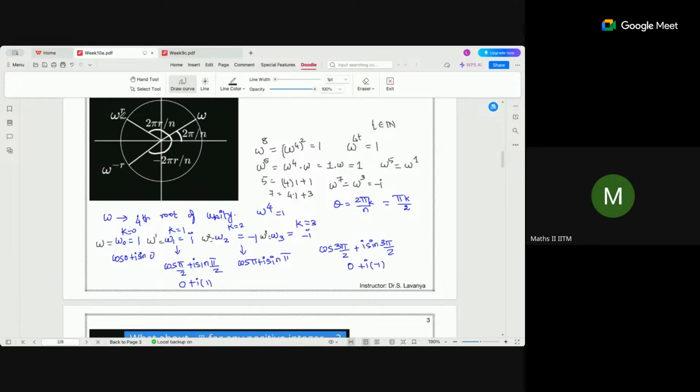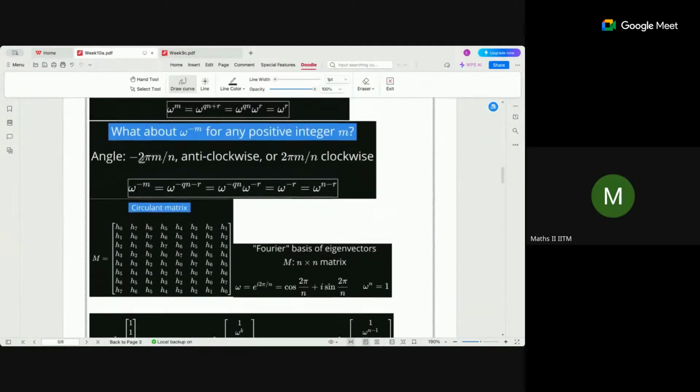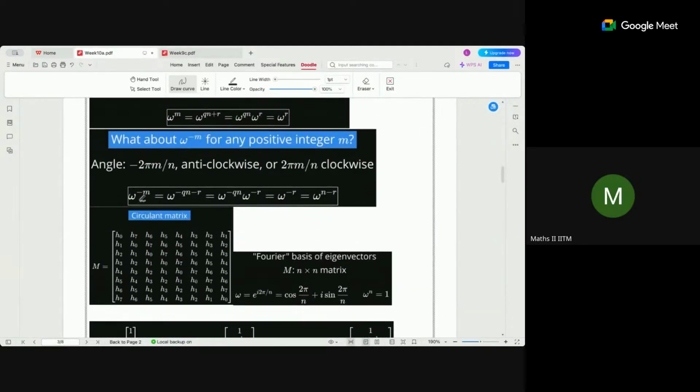And for omega power minus r, we have rotated in the clockwise direction from the origin, the same angle 2 pi r by n. So we are moving exactly the same angle from the origin but in different directions. Here anti-clockwise and here clockwise. So that is the difference. Here you see that omega power minus m is same as omega power minus r, or you can also write it as omega power n minus r. Everything is going to be the same.